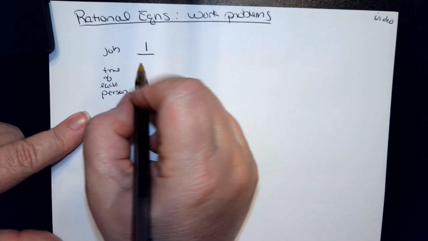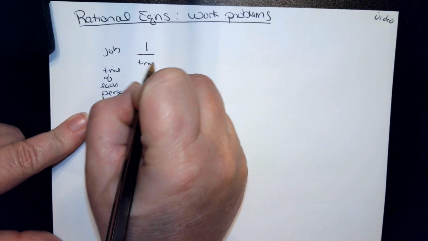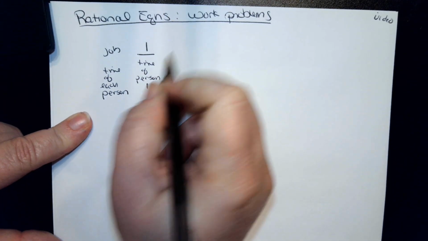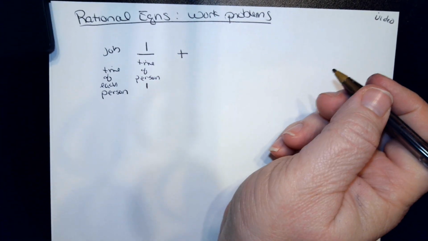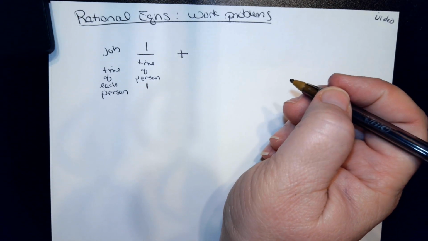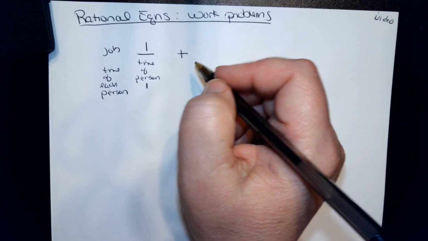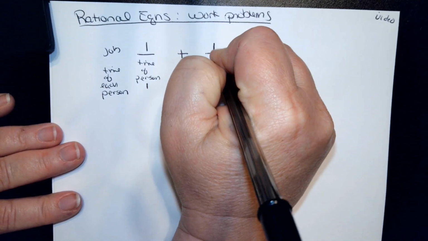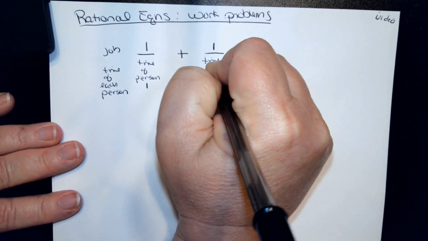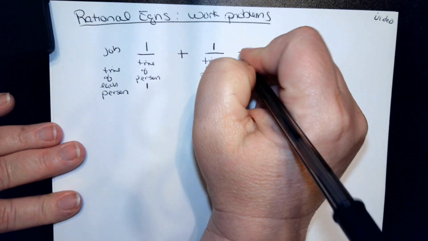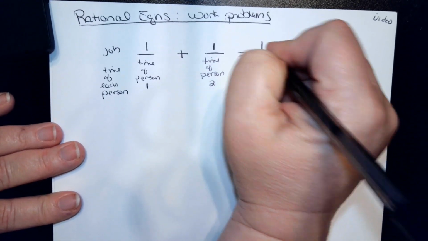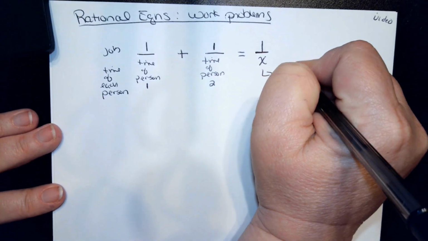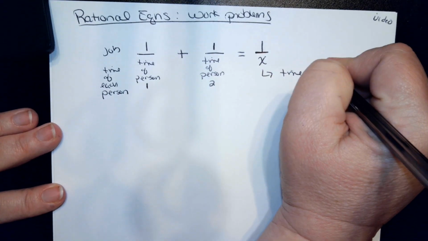So it's 1 over the time of person 1, plus, because if they're working together in math that means you add, that same job over the time of person 2, and when they're together it's equal to 1 over x, where x represents the time together.